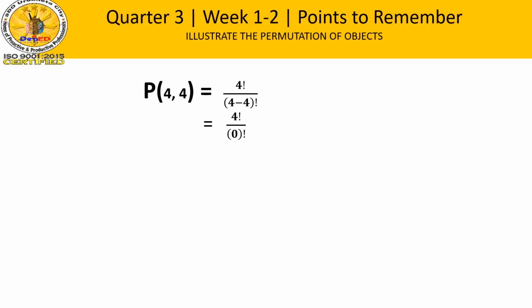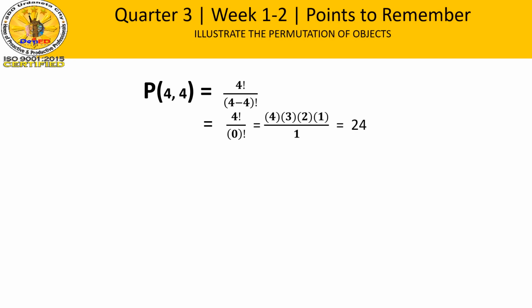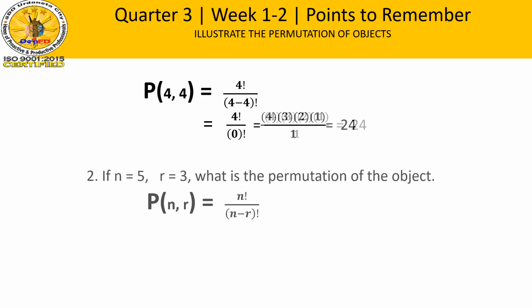So by substituting the value of n, which is equal to 4, we have 4 factorial divided by the quantity 4 minus 4 factorial, which is equal to 4 factorial divided by 0 factorial. And we have 4 factorial is equal to 4 times 3 times 2 times 1, divided by 1, which is equal to 24.